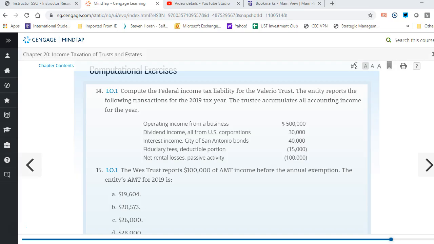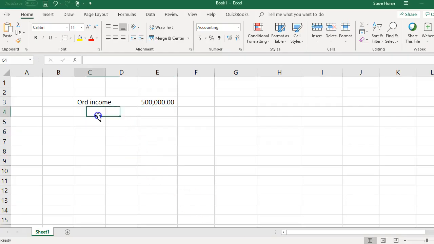We then look at the numbers here, and one number that isn't mentioned here, when you go through the chapter and look at the slides and the lecture, is that you have a personal exemption of $100 that you back out.